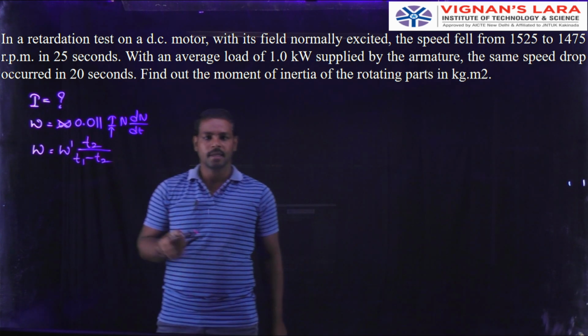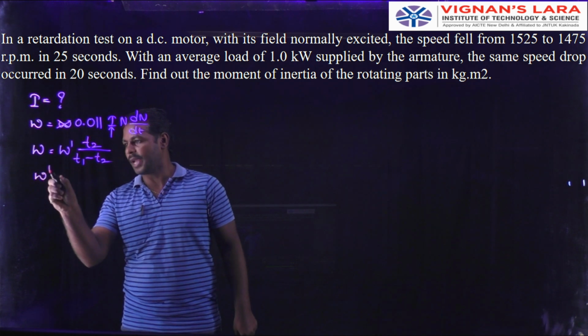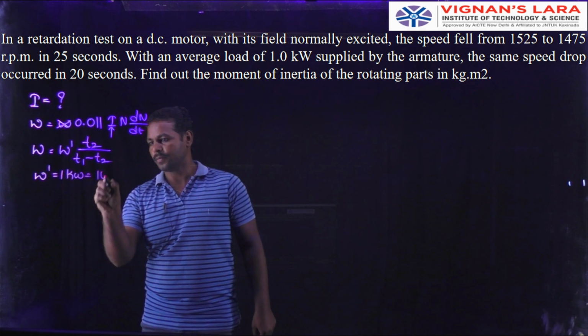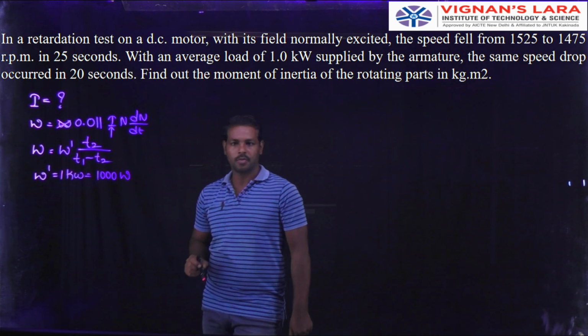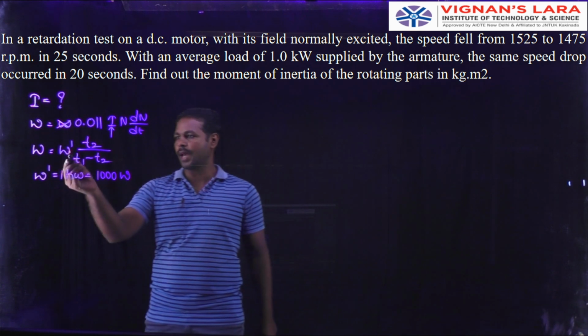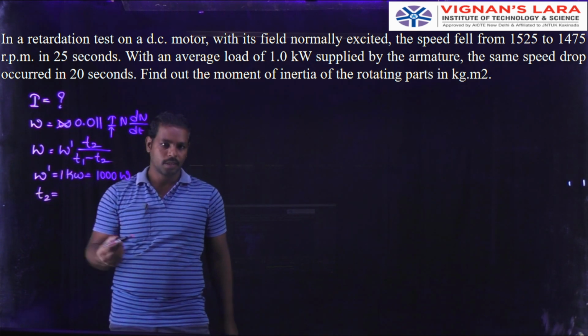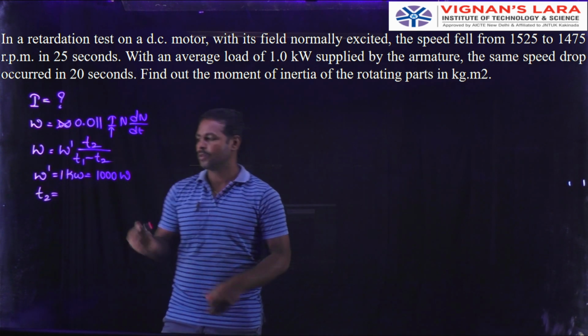In this, the average load of 1 kilowatt gives W dash equal to 1000 watts, a known value. Then T2 is the time in which the speed drop occurred with load, which is 20 seconds.